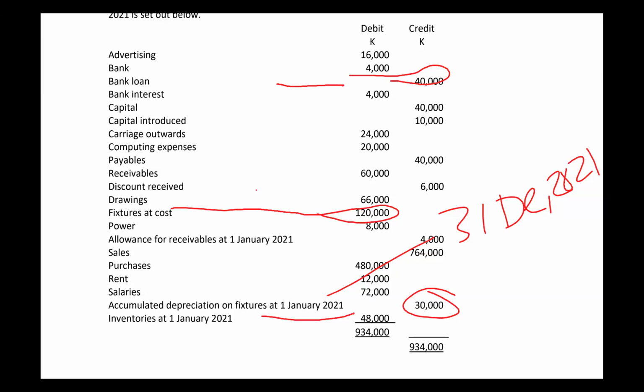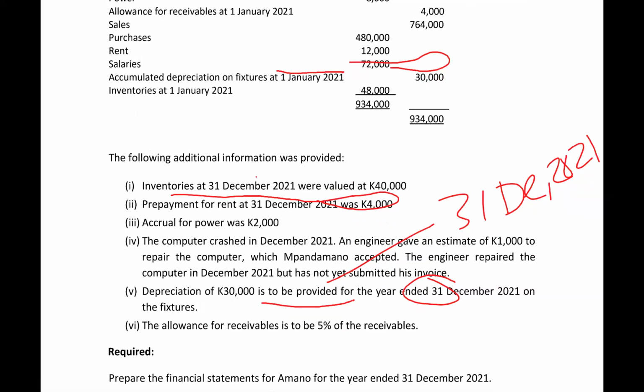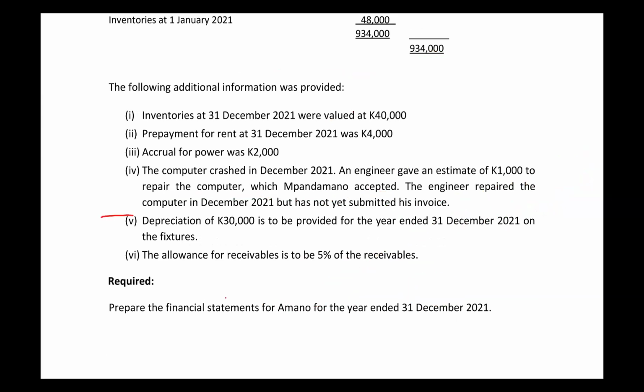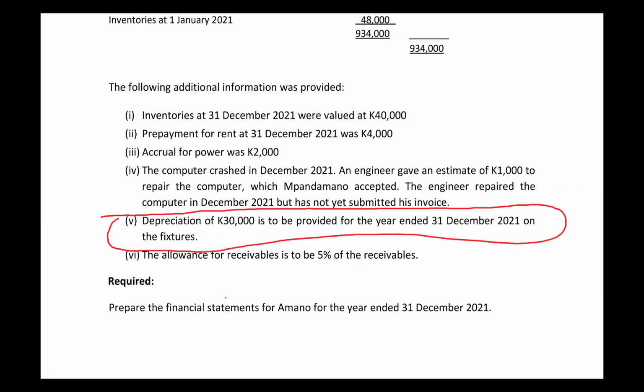That is the depreciation that you're going to calculate. Usually the information is found under additional information.